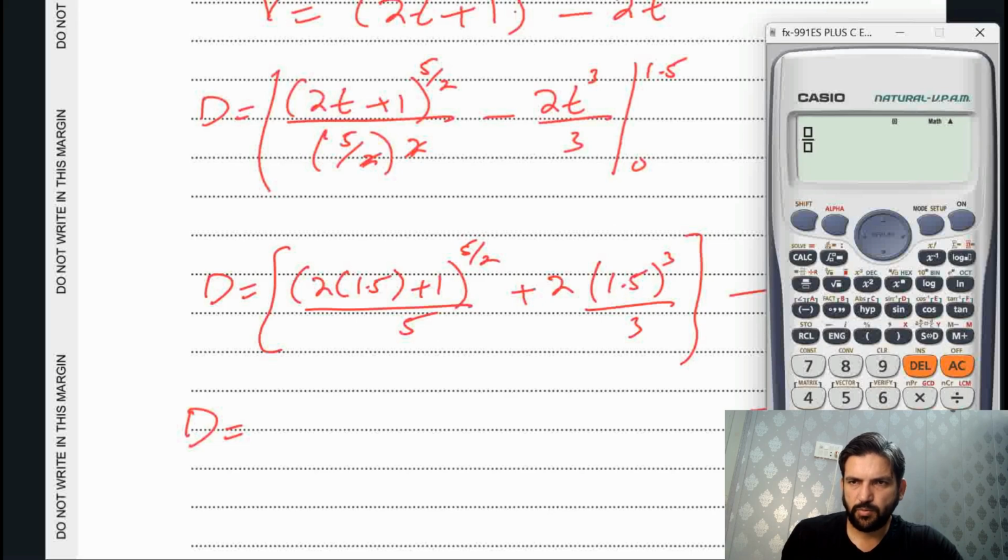That fraction 2 into 1.5 plus 1. We need to set the brackets here.